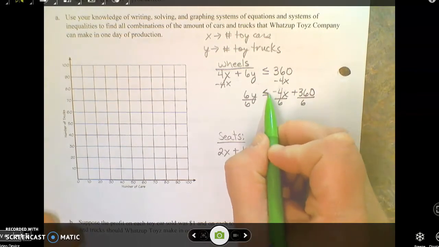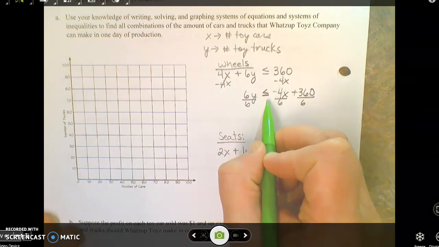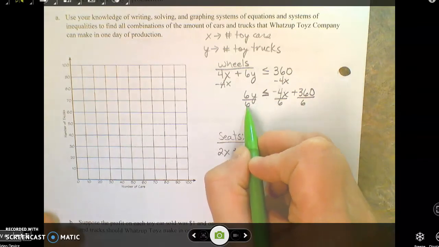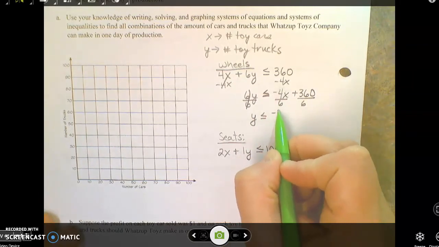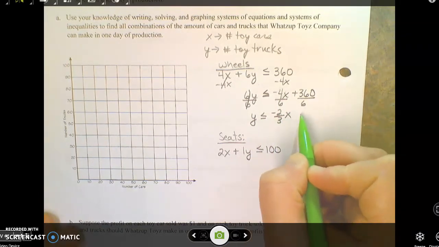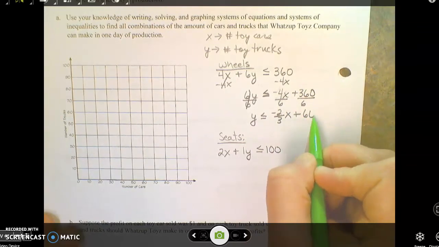Now, because these are inequalities, we need to look to see if we need to flip the sign, and in this case we don't, because we are dividing by a positive. So we get y is less than or equal to negative 2/3 x plus 60.